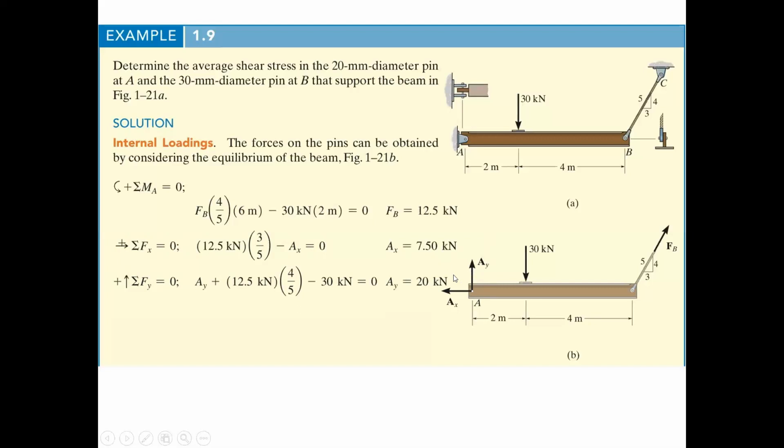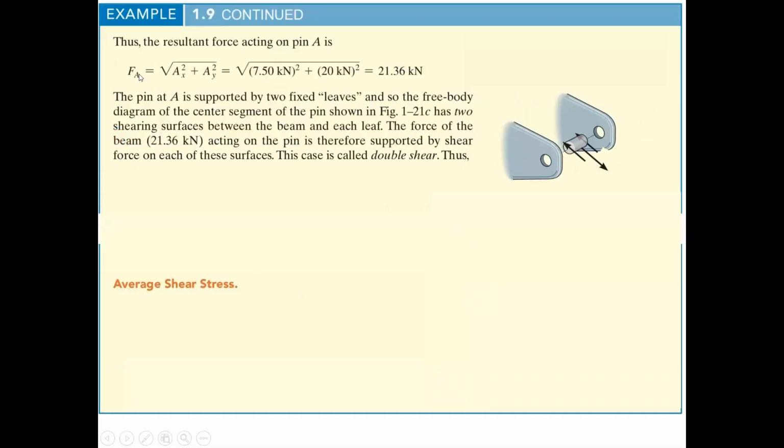So if we bring this vector over to here, we can then draw the hypotenuse of that triangle, and the magnitude of that is all we need. We don't need to know the direction of it and all that sort of thing that you did in your statics class. We just need to know the magnitude. So we can simply take each component and square it, sum them together, and take the square root from the Pythagorean theorem. We get 21.36 kilonewtons.